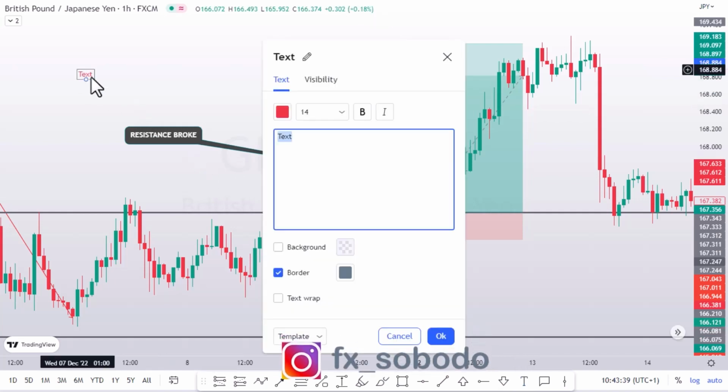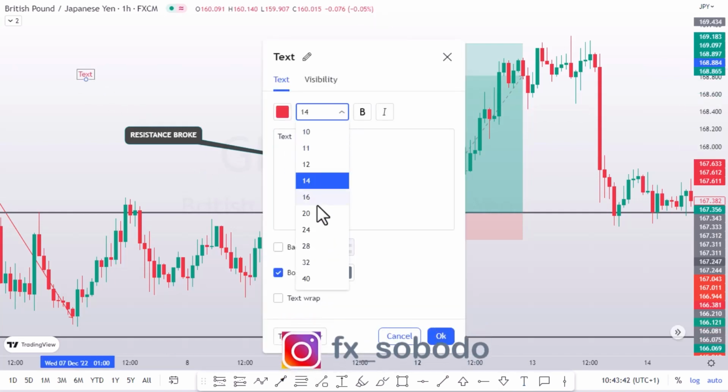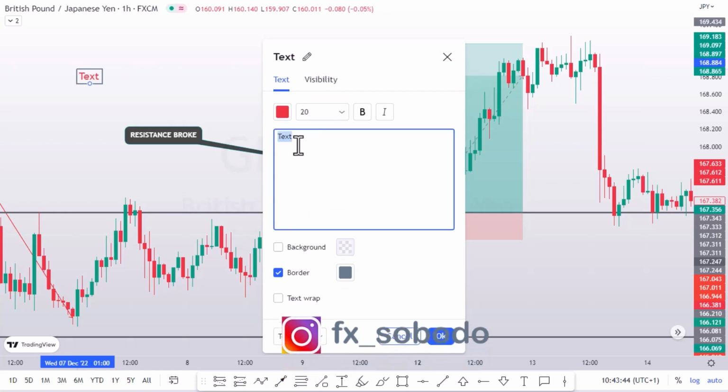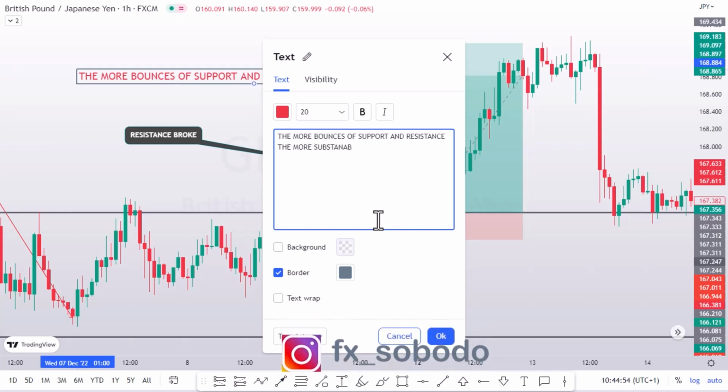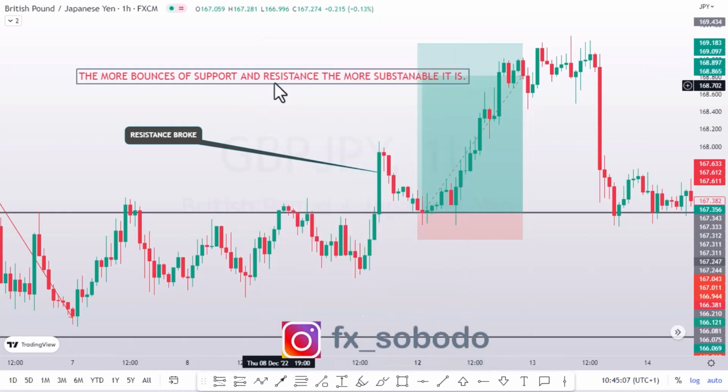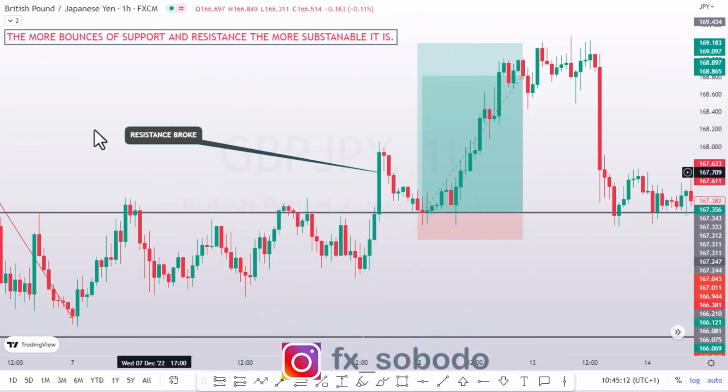In order for you to draw those support and resistance, take note. The more bounces of support and resistance, the more sustainable it is.